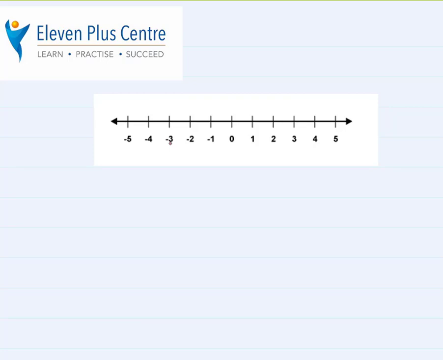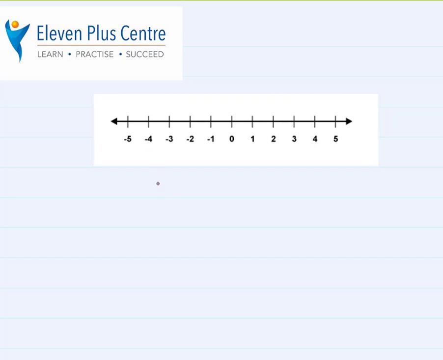I know it sounds really strange, because 3 is greater than 2 here, but below 0 it is the opposite. So 5 is higher than 3, in the same way -1 is higher than -4.